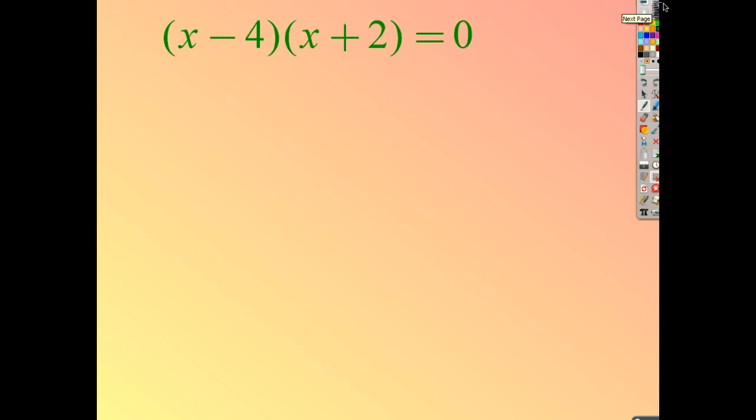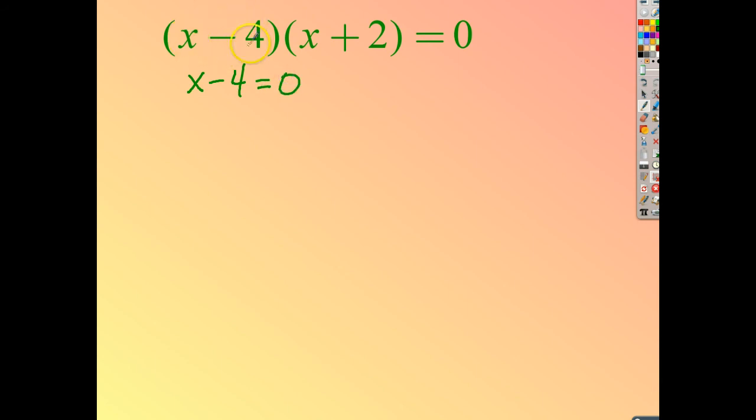So here's a factored polynomial. This is before we've expanded this out. What we have is two binomials, and we're multiplying them to get to 0. So basically what we have to do here is say, okay, one of two things has to happen. Either x minus 4 has to be equal to 0, right?